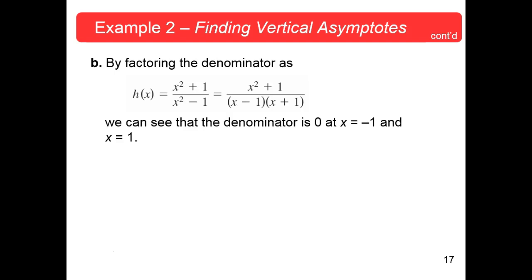In between -1 and 1, this is going to be negative, and this is going to be positive, so in between, this is going to negative infinity. Beyond x equals 1, that's positive, that's positive, everything's positive, that's going to positive infinity.